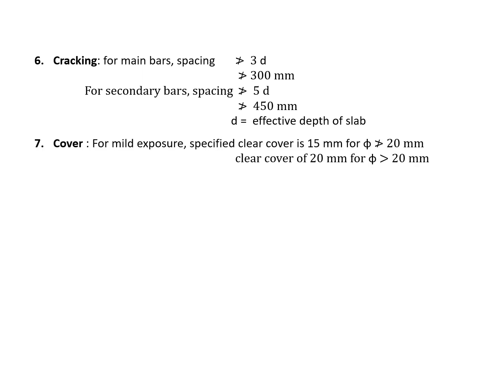Then cover. For mild exposure, you use clear cover as 15, which we will be using more often, and 15 is for bars which are less than 20 mm dia, and 20 if bars are more than 20 mm dia.